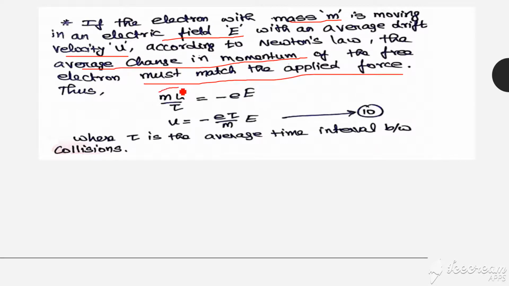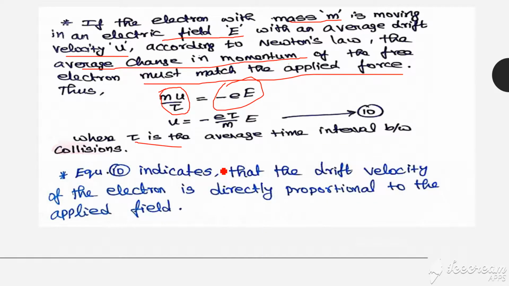So simply this is the force corresponding to change in momentum, mu divided by tau is equal to, this expression we already derived, F is equal to minus e into E. Now while solving this we get u is equal to minus e tau divided by m into E. This is equation 10, where tau is nothing but average time interval between the collisions. Equation 10 indicates that drift velocity of the electron is directly proportional to applied field.